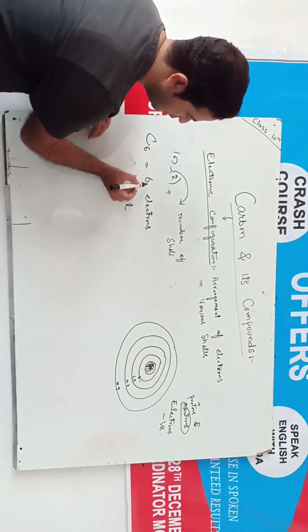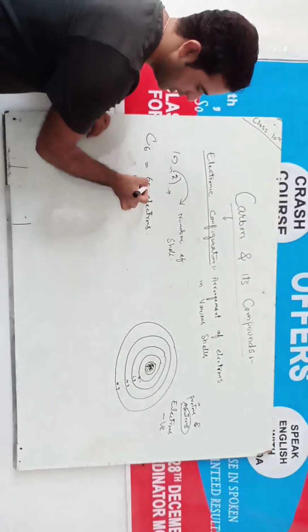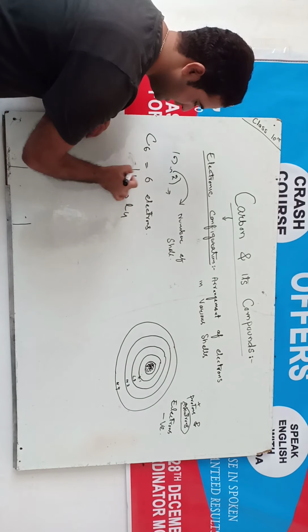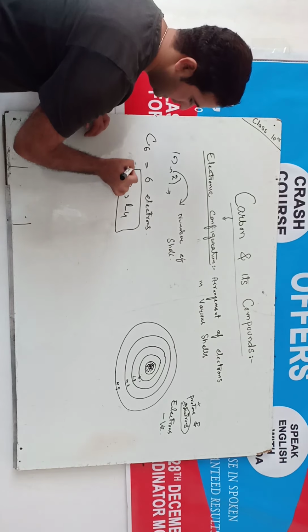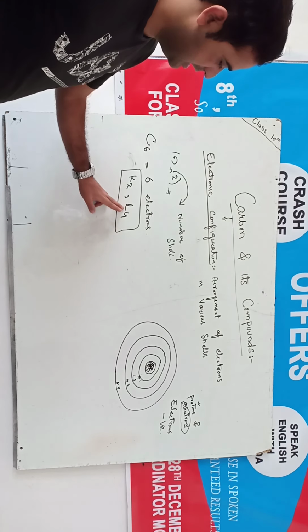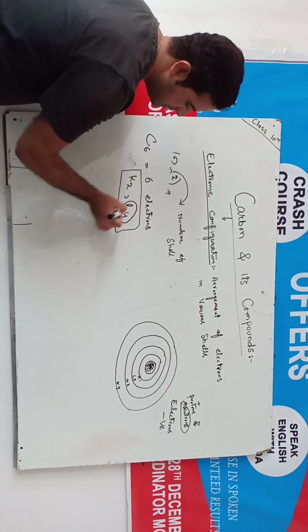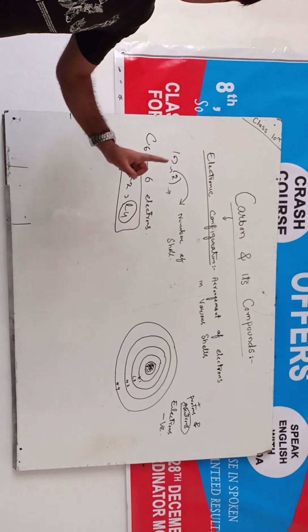But when we subtract 2 electrons from 6, 4 remain. So these 4 electrons are present in the next shell, that is L shell. So L shell has 4 electrons in carbon.